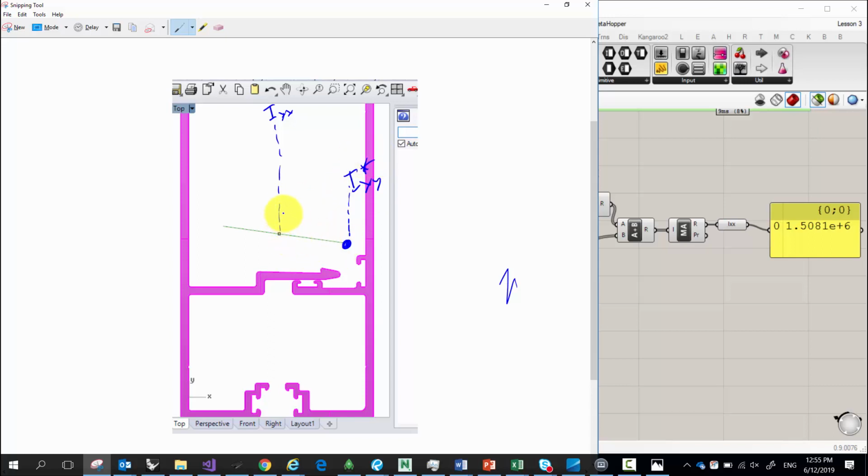It's not actually that, I'm going to exaggerate here, this distance here that we want. That's not right. We want this distance here. And for I_xx, the distance would be, obviously, in this situation, from here to here. That's the D.